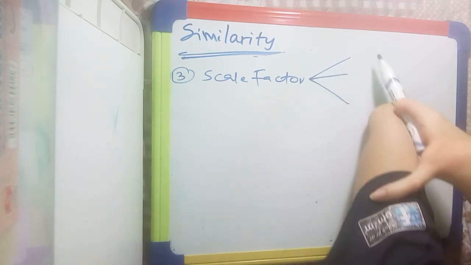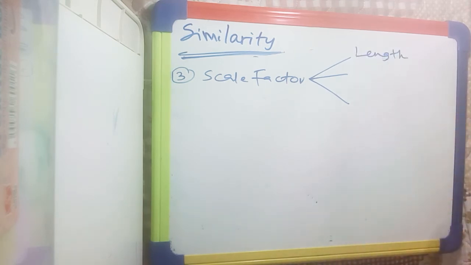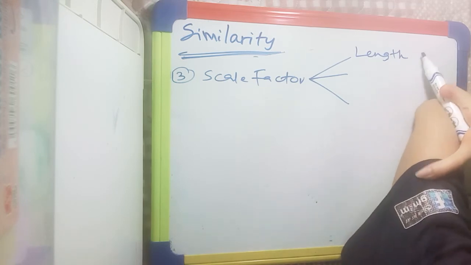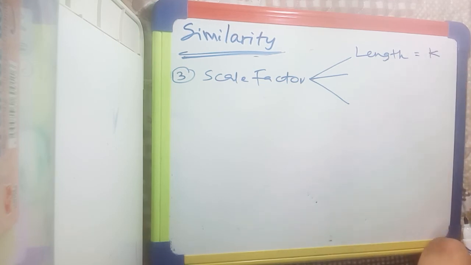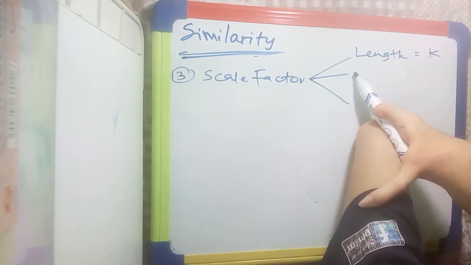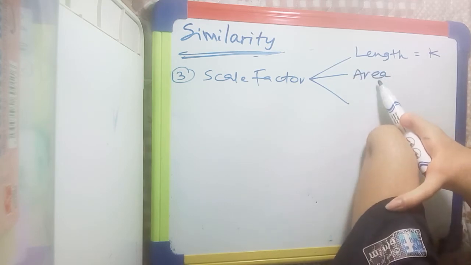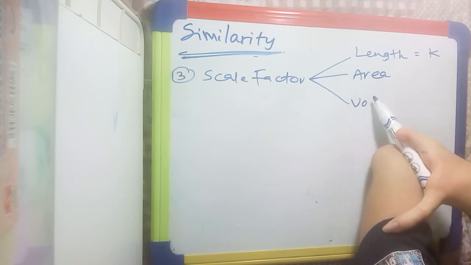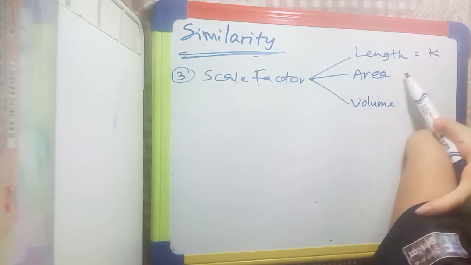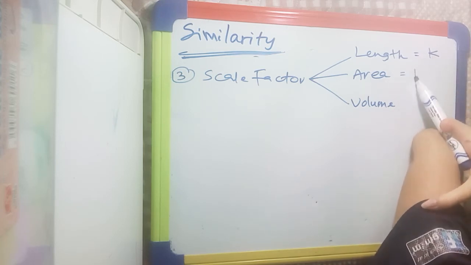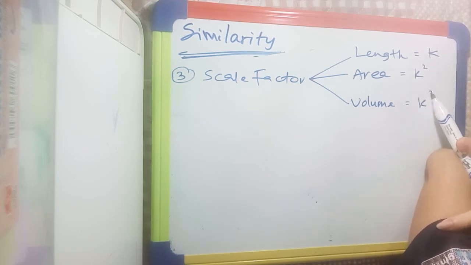Scale factor number one, which I showed you just now, is to find the length, represented by the letter K. Next, they can also ask you to find the scale factor of the area and the volume. If length is K power 1, the scale factor for the area is K square. The scale factor of the volume is K cube.